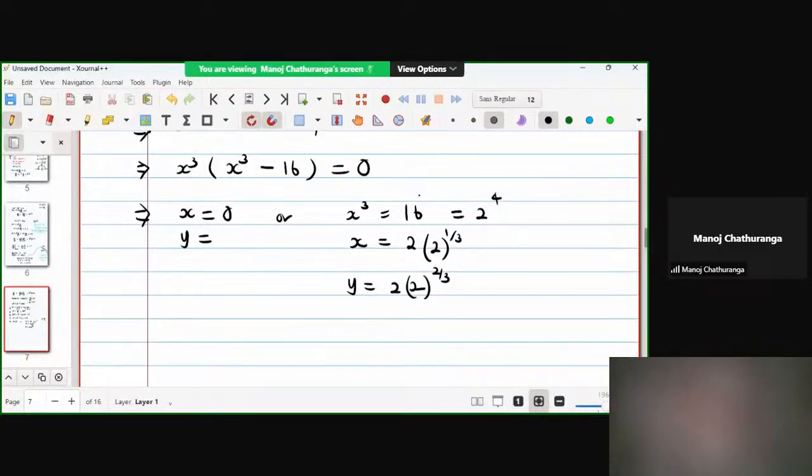And over here y equals 0. So this point and this point: we have 2 points with horizontal tangent lines.